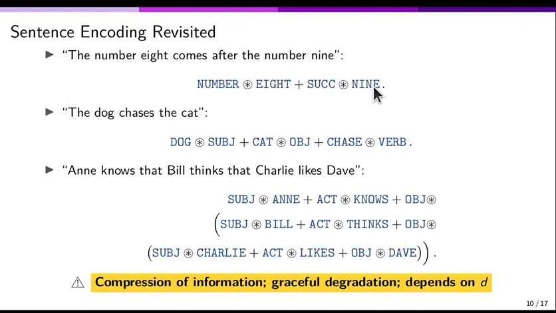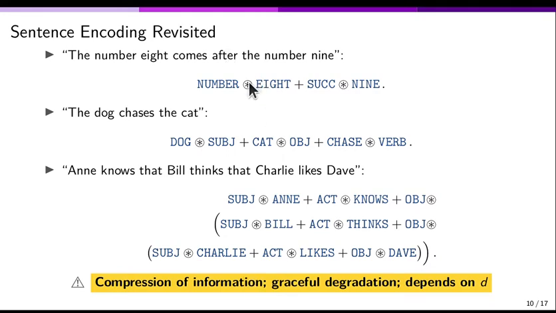When people started exploring these sorts of operations in these compressed spaces, one really important aspect of this style of representation is that we're compressing information because I'm maintaining the same dimensionality. So if this is a 64-dimensional vector and this is a 64-dimensional vector, the end result is still a 64-dimensional vector. That means we're compressing information.